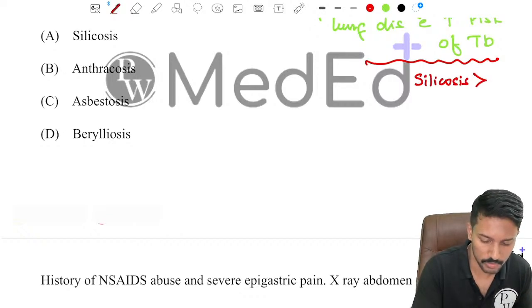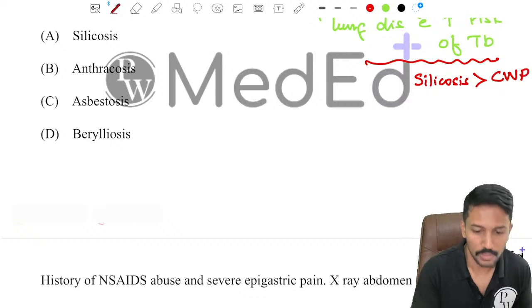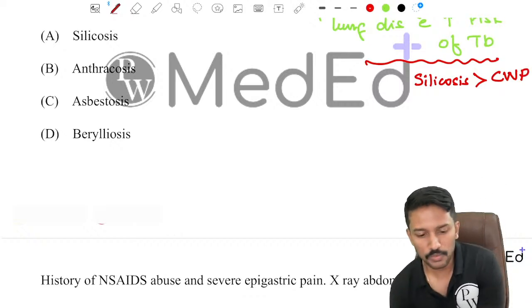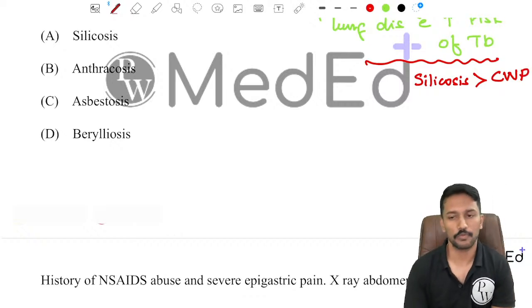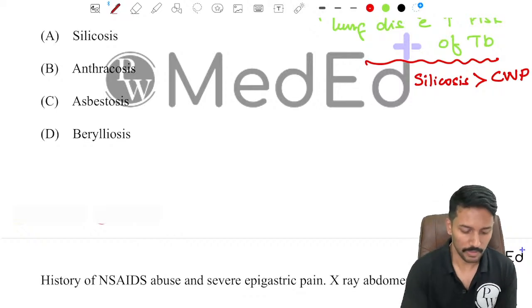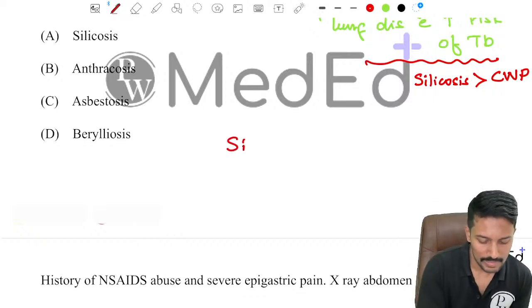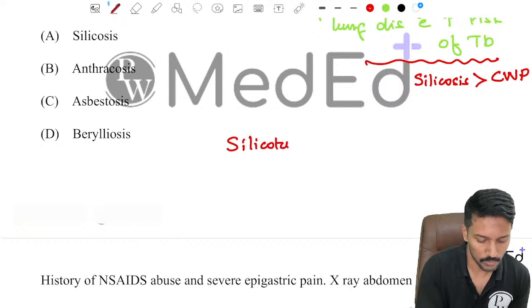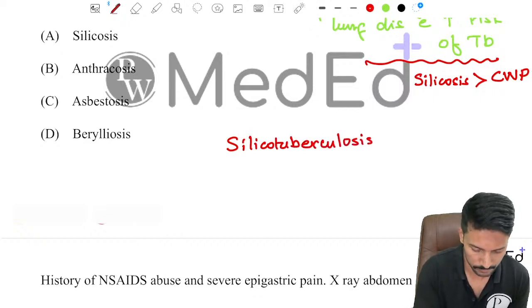Silicosis is more commonly associated with TB than coal workers' pneumoconiosis. Asbestosis is not associated with increased risk of tuberculosis. It is silicosis and coal workers' pneumoconiosis, right? In fact, there is a term called silicotuberculosis. So when a silicosis patient develops tuberculosis, we call it silicotuberculosis.